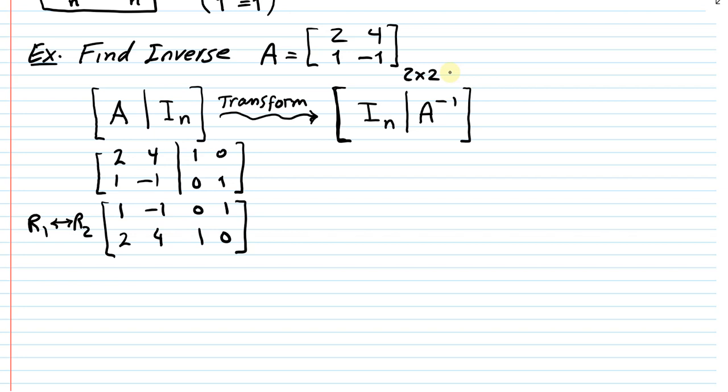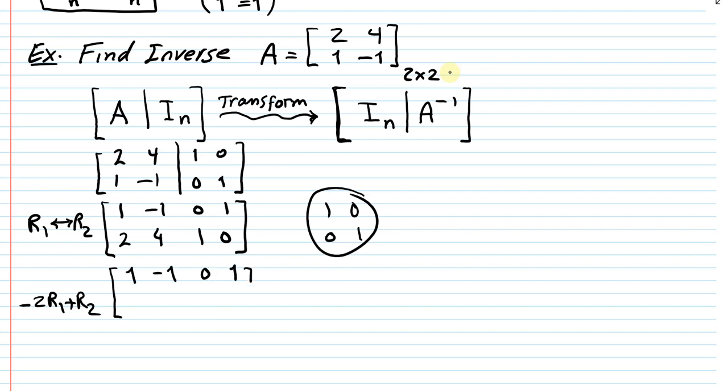Next, to get a 0 in this position, what we're thinking is this again. Remember, we want to get 1, 0, 0, 1 in this formation. So I need this 2 to become a 0. How I'm going to do that, I'm going to use elementary row operation number 3, which is I'm going to multiply negative 2 times row 1 and add it to row 2. Now in this operation, remember the first row is a helping row.